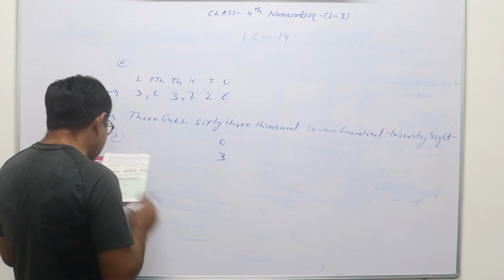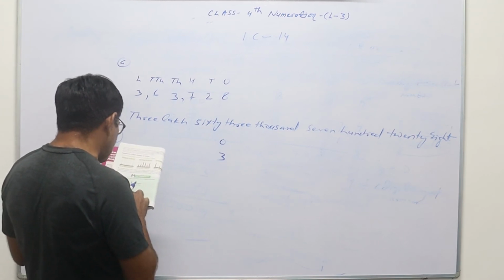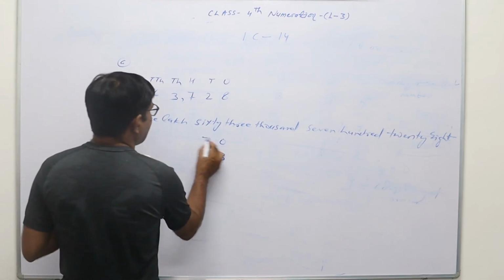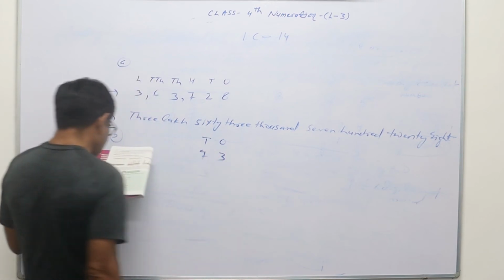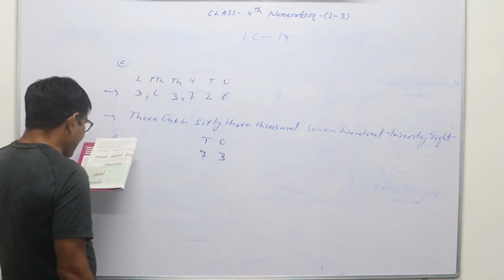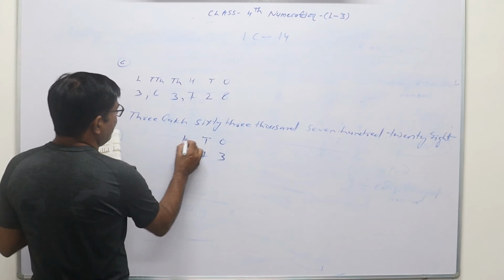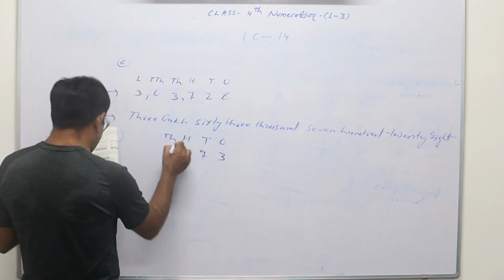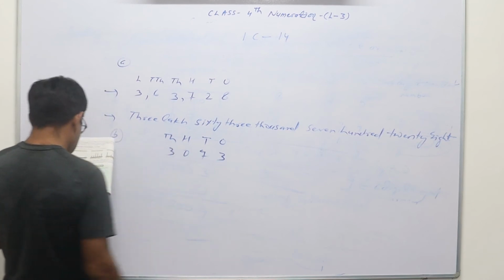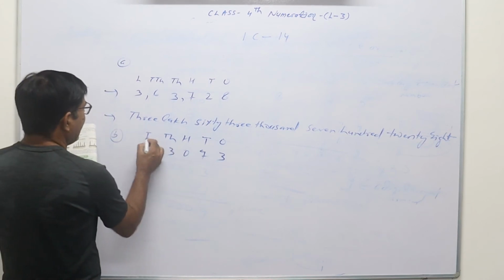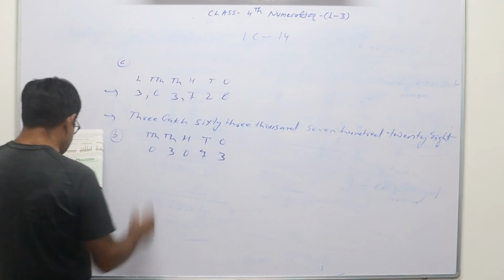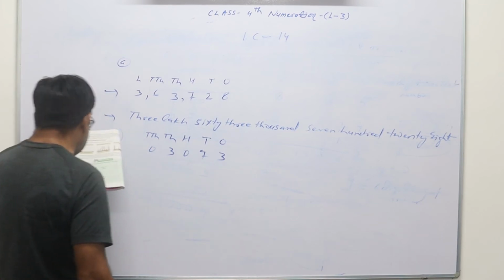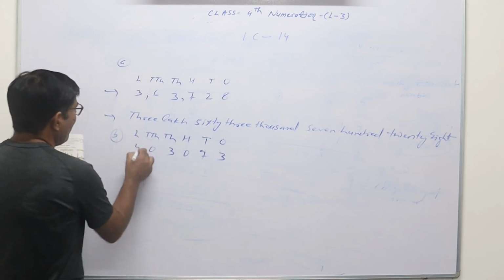At the tens place are 7. Number of beads at the hundreds place are 0. Number of beads at thousands place are 3. And the number of beads at ten thousands place are again 0. And the number of beads at lakhs are 4.